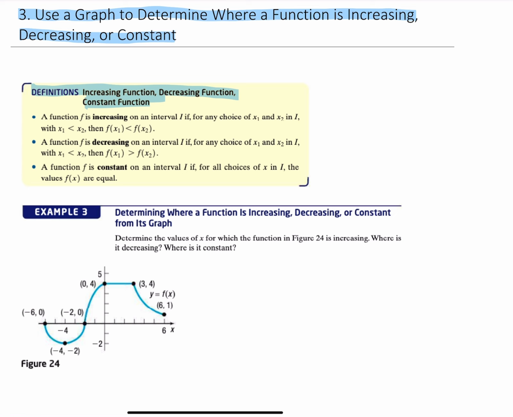Just to show this visually, imagine some graph, and our function is increasing. And we'll just look at this interval here. So for any points x1 and x2, f of x2 is greater than f of x1.